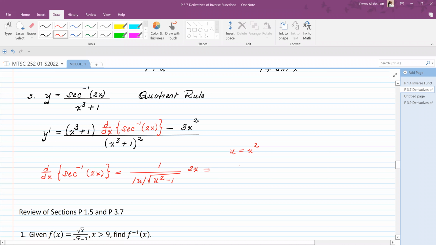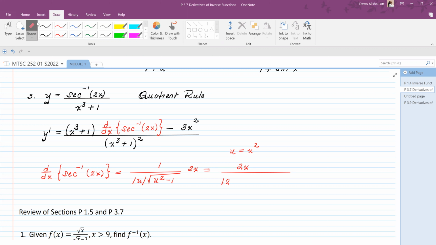So therefore, this becomes 2x over the absolute value of, I'm sorry, the derivative of, this is 2, not 2x.